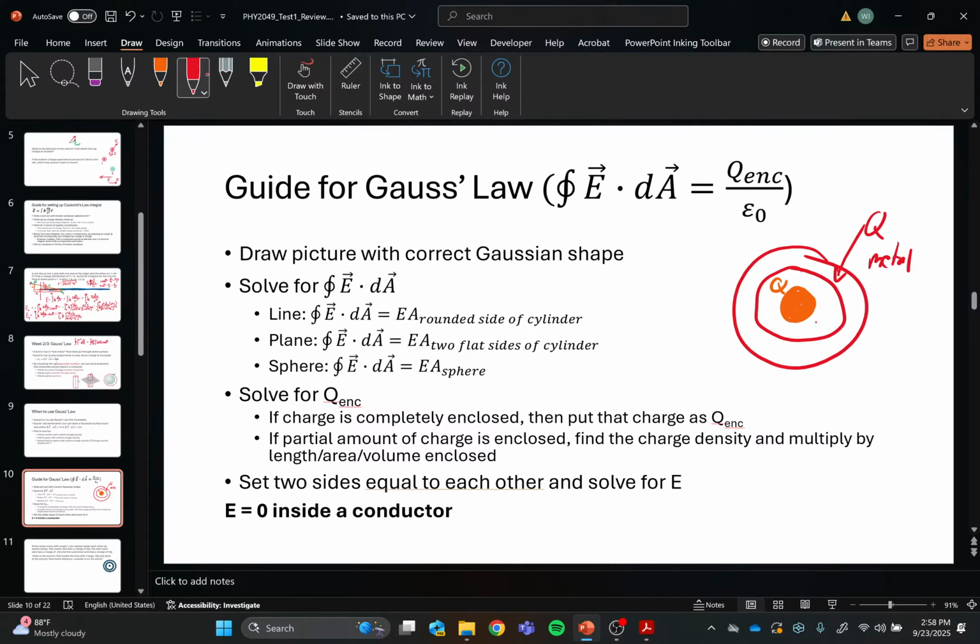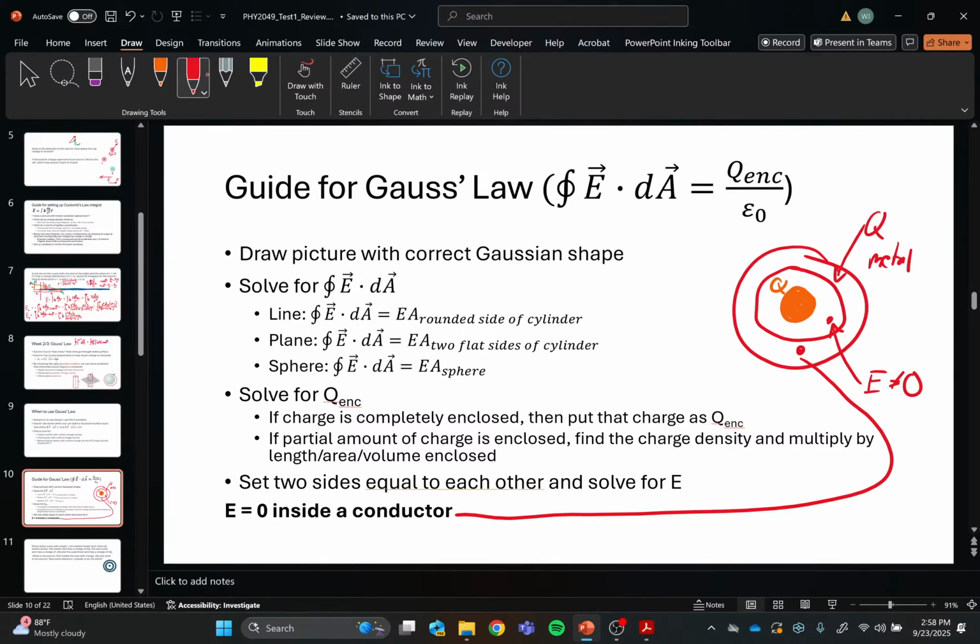If I ask you to find the electric field at some point between the two, the electric field there is not 0. So when I say inside a conductor, I don't mean that if it's hollow, you're inside of it that way. No. I mean you are inside the conductor, in the metal itself.